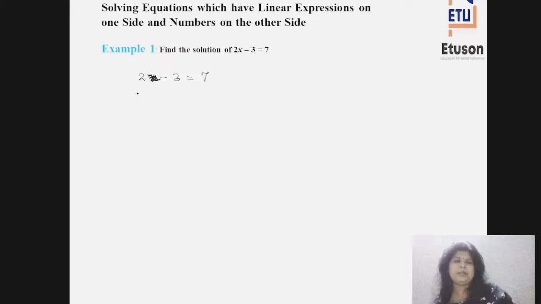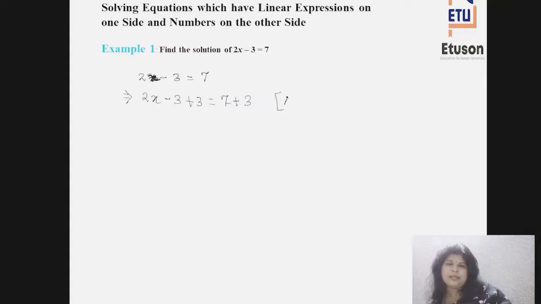So to make it, I will write 2x minus 3. If I write plus 3 here, then this part becomes 0, like minus 3 plus 3 becomes 0. And here also I need to add. So what I have done exactly is adding 3 to both sides.